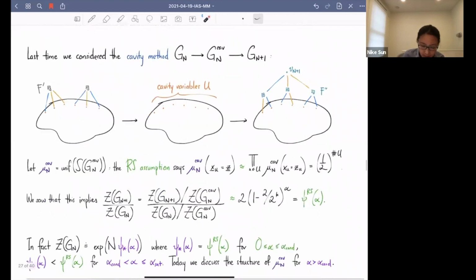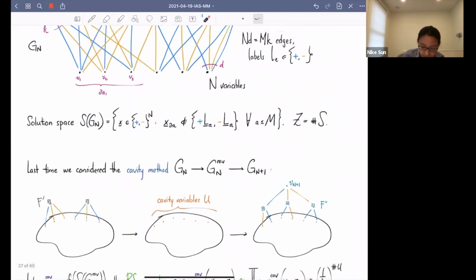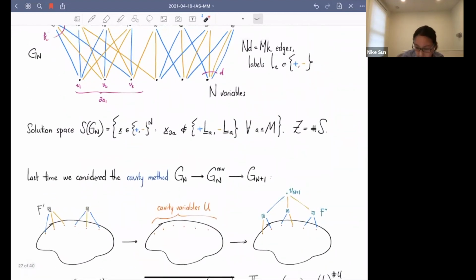Last time we considered this cavity method, which is a way of calculating heuristically the number of solutions. The idea was that you start with a graph G_n, you choose a random subset of the clauses and you delete those. So you produce a cavity graph, which has some variables with one less degree.